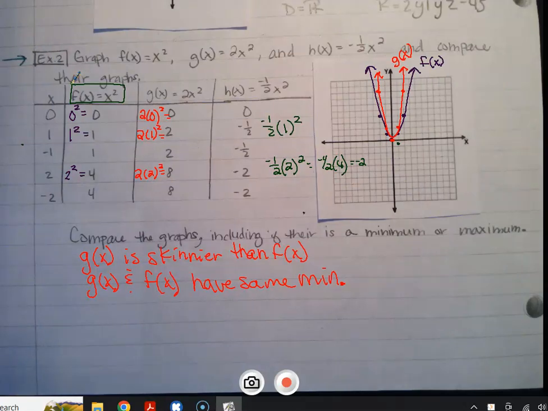We're trying to see how these other numbers affect the parent function. So when we had a positive 2, this is our a value, it made our parabola skinnier. Didn't move it, just made it skinnier. So now, what happens when our quadratic has a negative a?